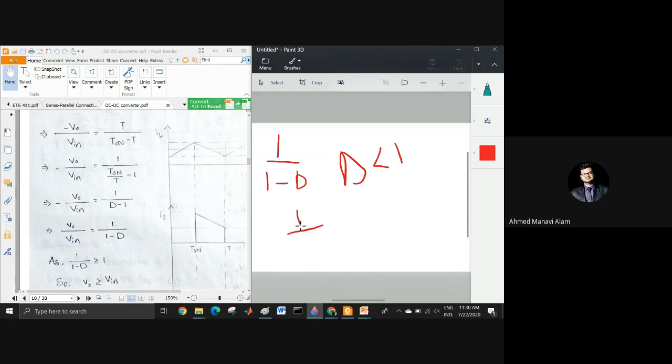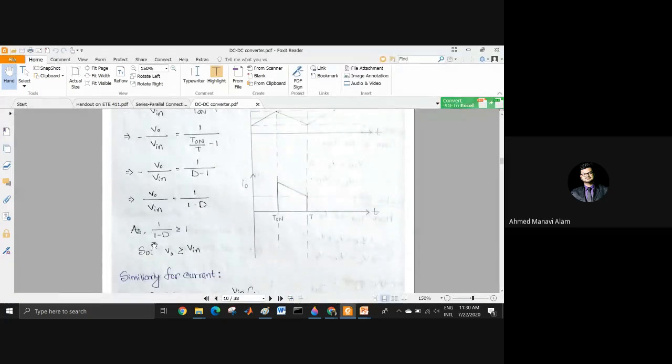Suppose d is 0.8 or 0.7. That means 1 minus 0.7 is 0.3, and 1 by 0.3 has to be greater than 1. That means here comes the analogy: 1 by 1 minus d is greater than or equal to 1.